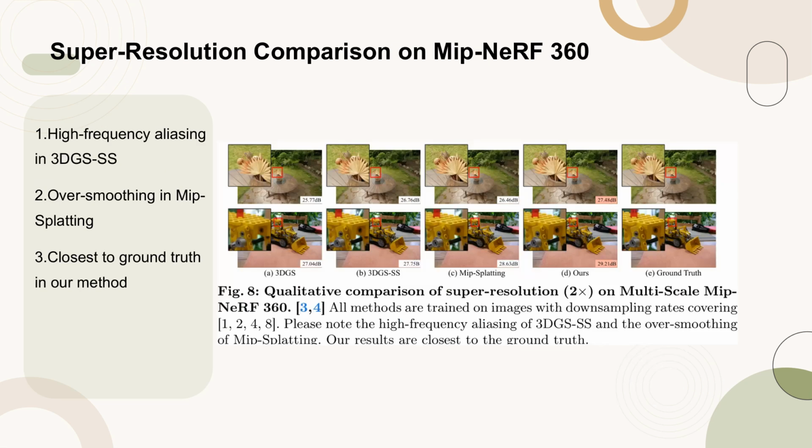Figure 7 presents a qualitative comparison between full-resolution and low-resolution images on the multi-scale MIPNRF 360 dataset. The figure highlights that while all methods are trained with downsampling rates ranging from 1 to 8, our method excels in reducing artifacts and maintaining detail fidelity.